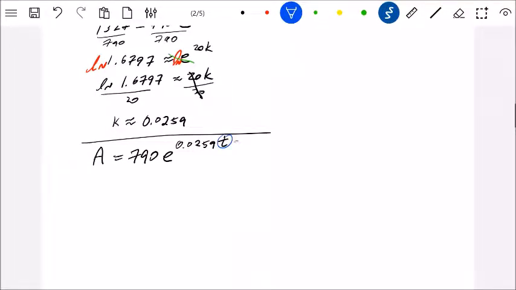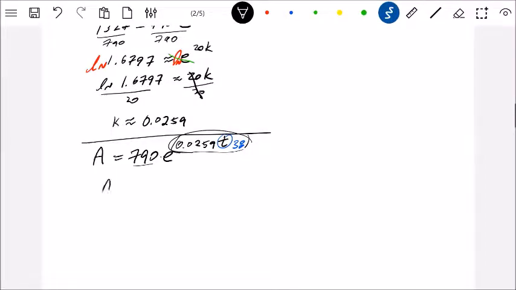So we're going to put the 38 in here and we'll figure it out. So when you do that, if you multiply all this out, you get lots of decimals. You multiply this stuff first, or you do 790 times E and then raise that to the power.